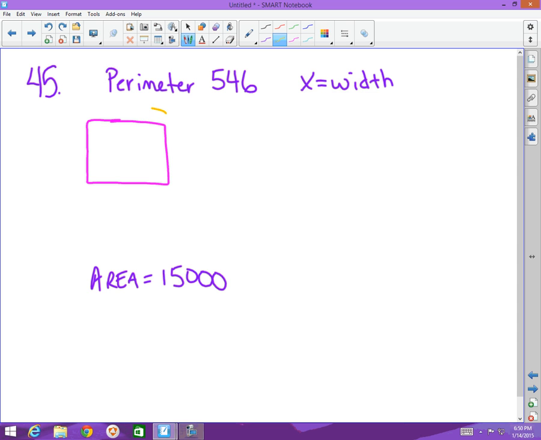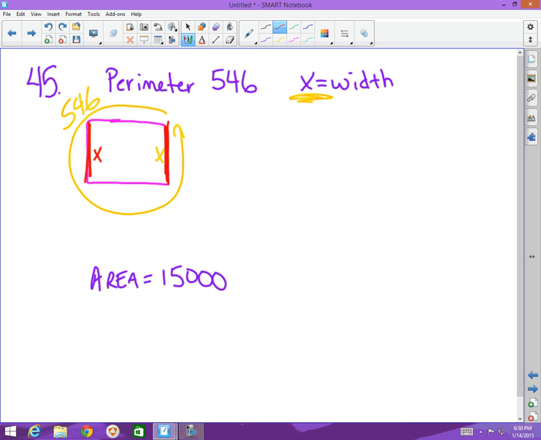Now, all the way around it is 546. And it says that x is the width. You all should be able to at least do that. If you can't do that, then go back and take art again. All right, so now, if this is x, how much is that? That is also x.